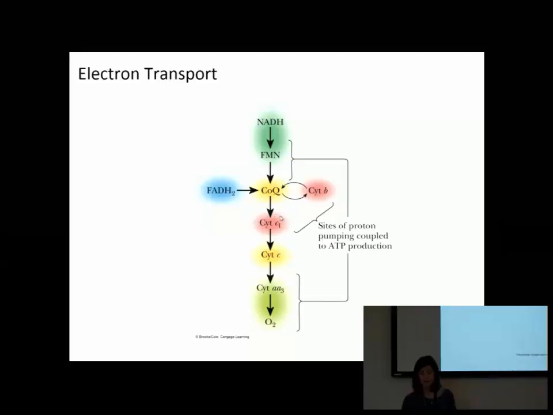Complex 3 passes it along, and then cytochrome C goes in between complex 3 and complex 4. Complex 4 has a number of things, but one of them is cytochrome A. And then the final electron acceptor is oxygen. All right. So just X out this. We're not going to talk about that.